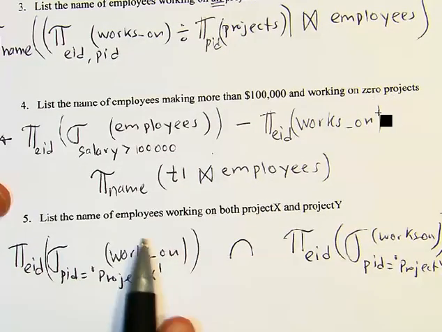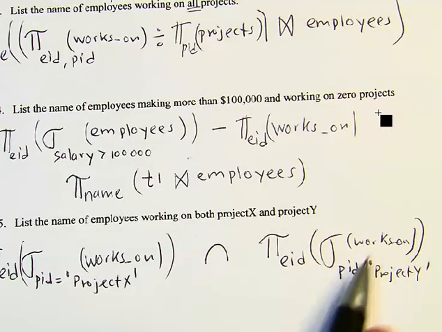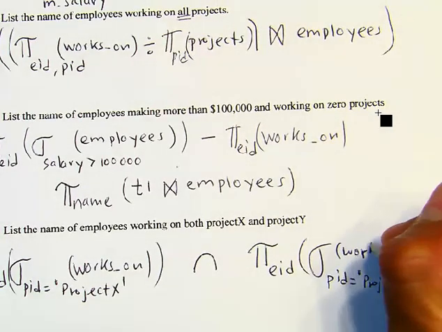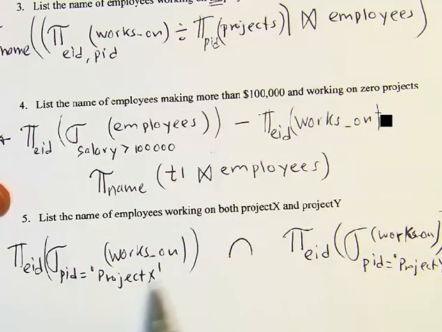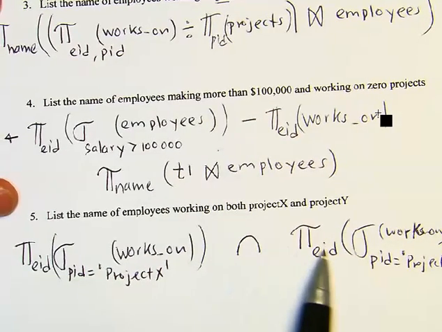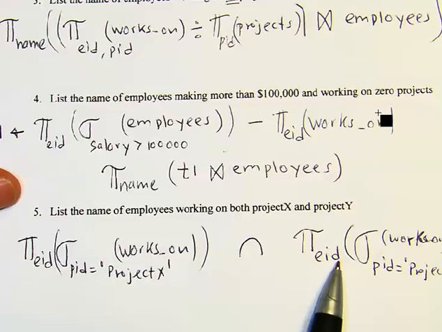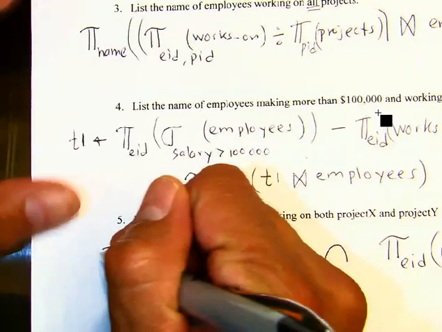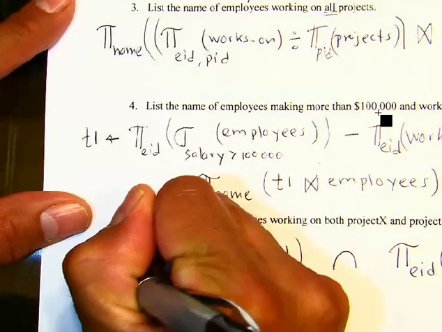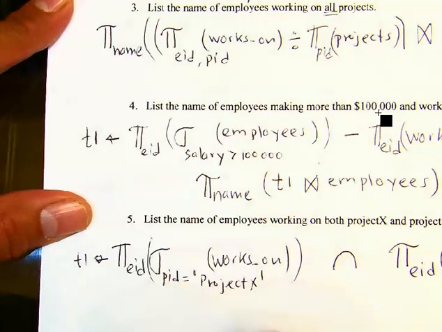This expression and this one are the same, even though this has horrible handwriting. Works on project. The only difference is project X and project Y, so they are intersecting. These are the list of employees that work on project Y and project X. Let's assign that to T1.